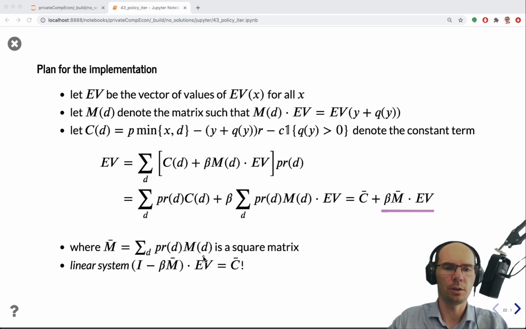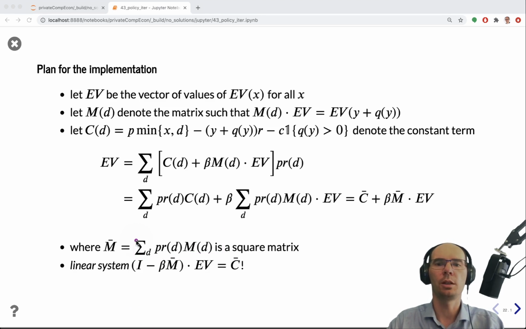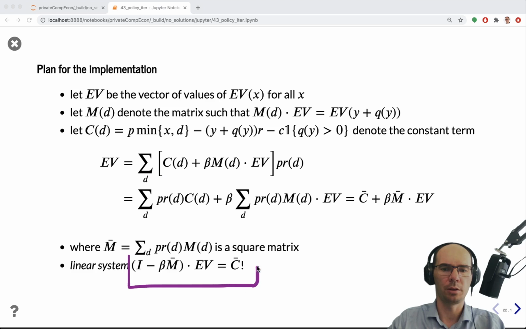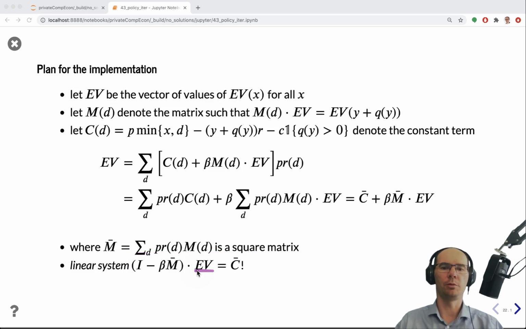And what we have is now the matrix M bar, which is the weighted indexing matrices, where the weighting is happening by the probabilities of various values of demand. And the whole equation can now be represented by this linear system, with EVs being variables, and we can solve for EV by solving a linear system quite easily.